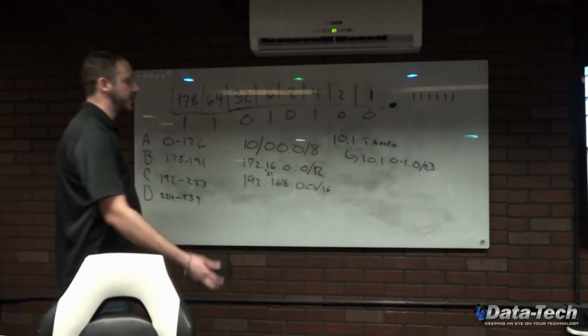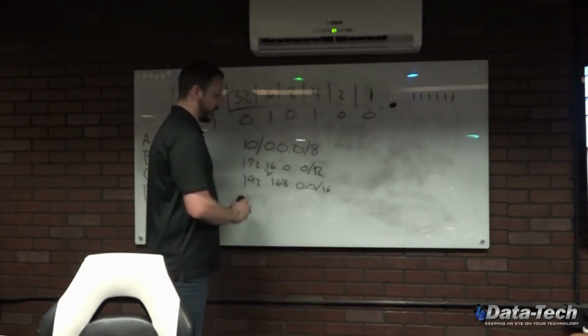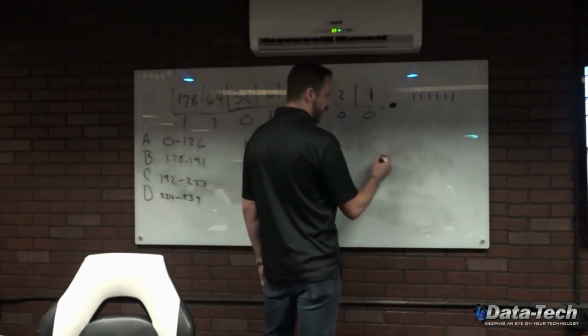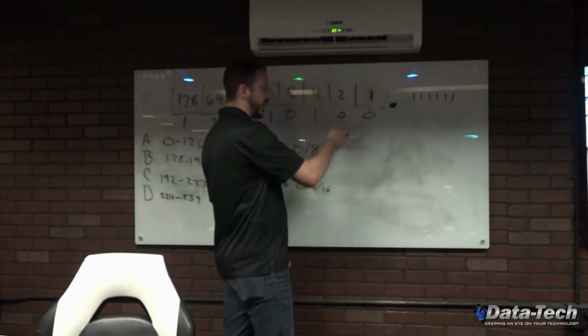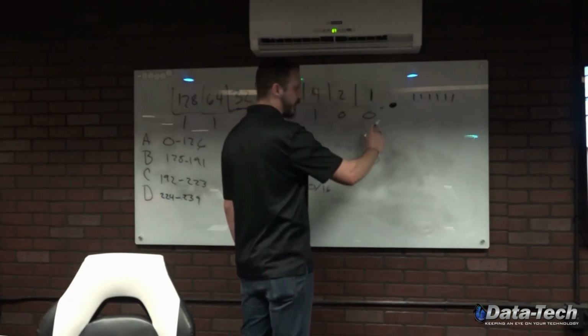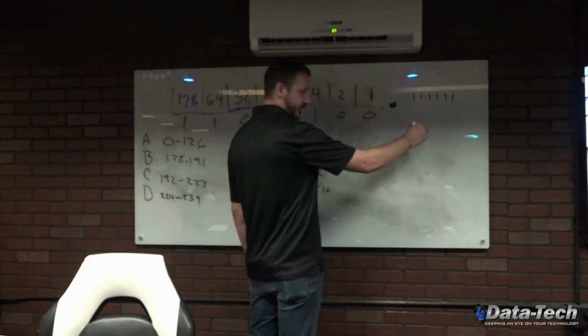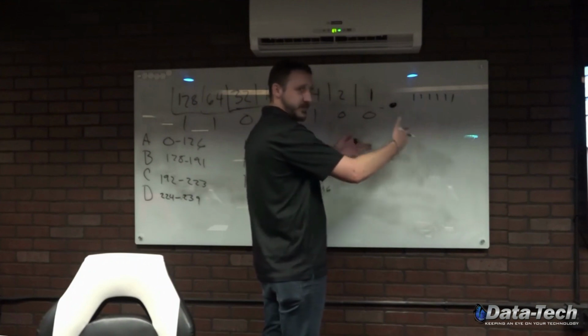Again, the one thing I would take away from all of this is to remember that when you're subnetting and you're borrowing from the left of these bit values, so you're borrowing from the third octet, you're doubling it. Or if you're going to the right, you're dividing by 2.